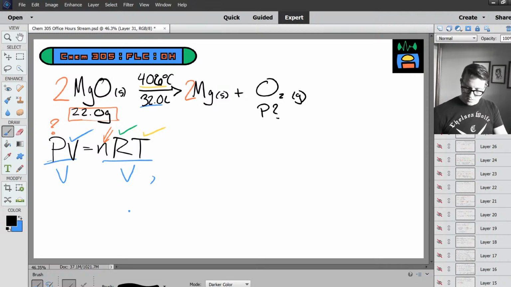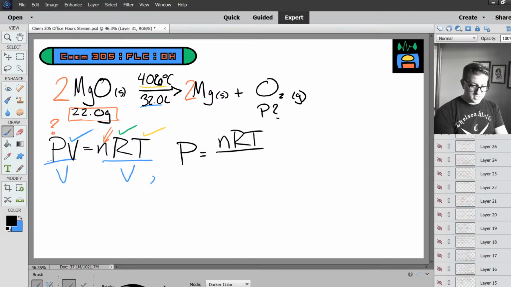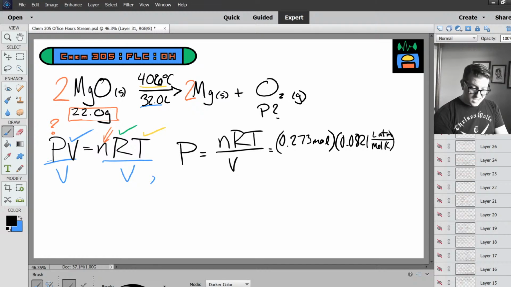So pressure is equal to moles of gas times the ideal gas constant times temperature over volume. So we have 0.273 moles times the ideal gas constant, 0.0821 liter atmospheres per mole Kelvin, times our temperature.